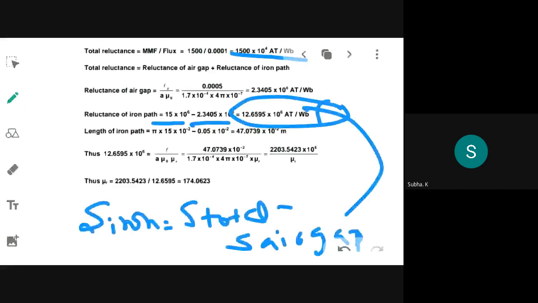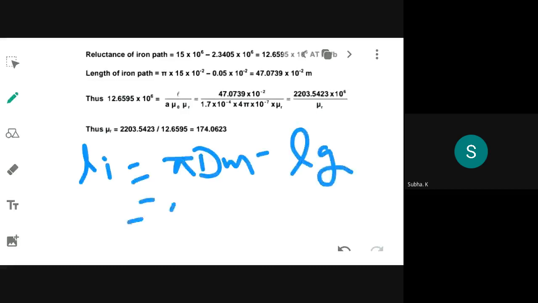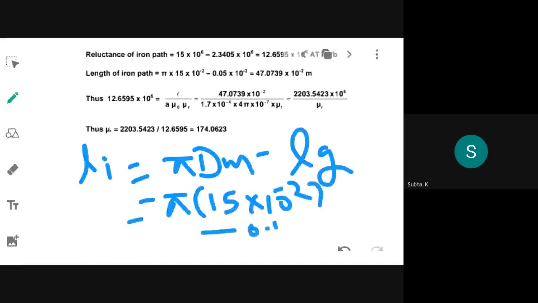Then you got the reluctance of the iron path, and you can substitute it here, but you still don't know the length of the iron path. How will you find it? As I already taught you, I want Li, the length of the iron path. That is given by pi dm minus the length of the air gap. The mean diameter is 15 centimeter.